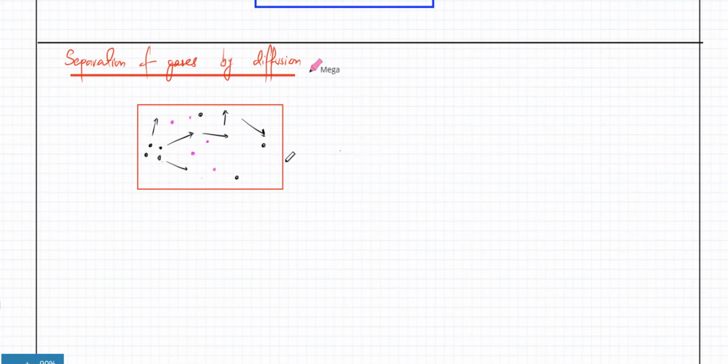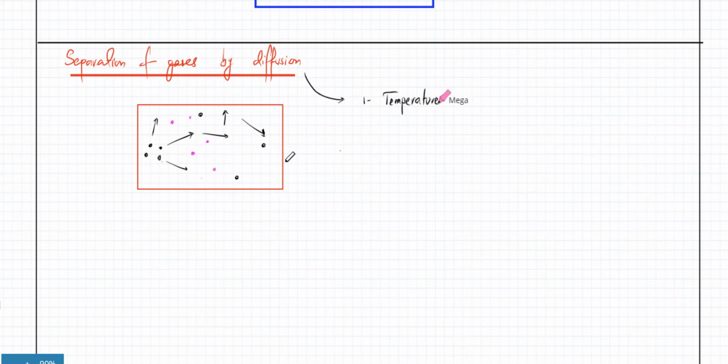Now, when we were studying diffusion, we talked about the rate of diffusion. There are two factors that affect the speed of diffusion, and one is temperature. So if particles are at a higher temperature, then they diffuse faster.